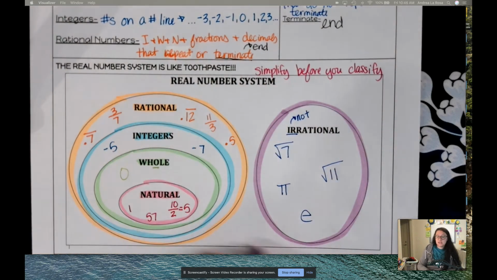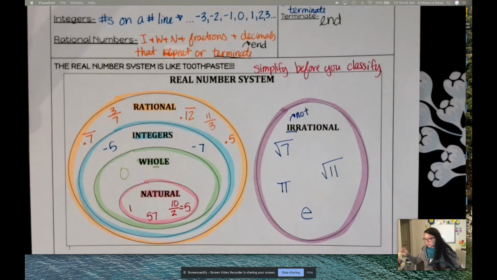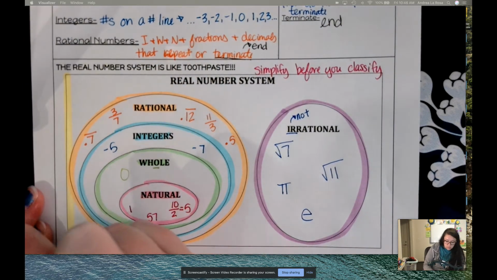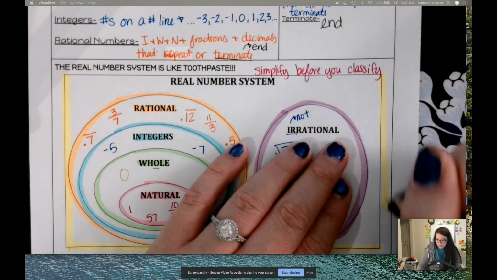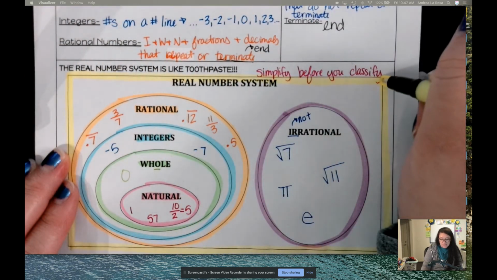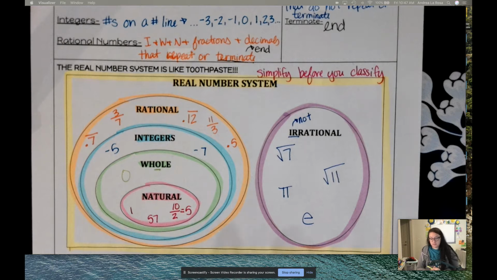But all of these numbers, whether they're rational or irrational, are all considered to be real. And what that means is basically we can do the math to get those numbers. There's no problem to calculate them.